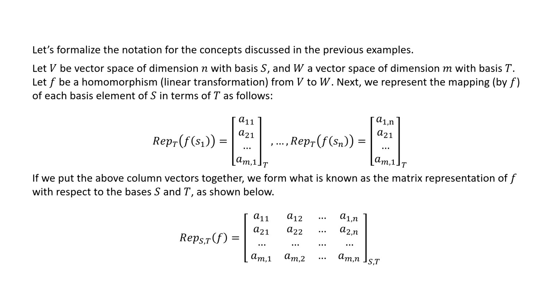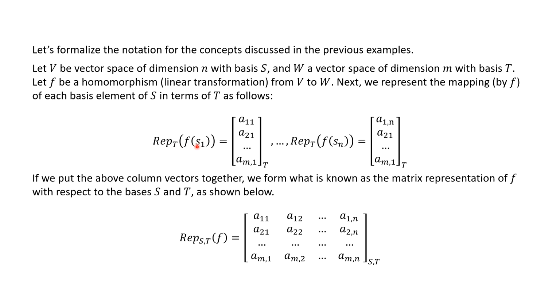So let's formalize the notation for the concepts we discussed in the previous two examples. Let V be a vector space of dimension n with basis S, and W a vector space of dimension m with basis T. Let F be a homomorphism, linear transformation from V to W. Next, we represent the mapping by F of each basis element of S in terms of T. We write it this way here.